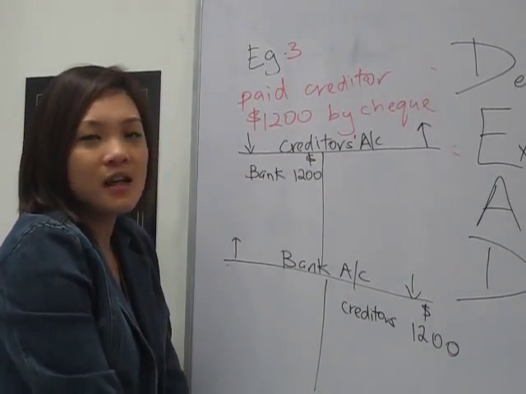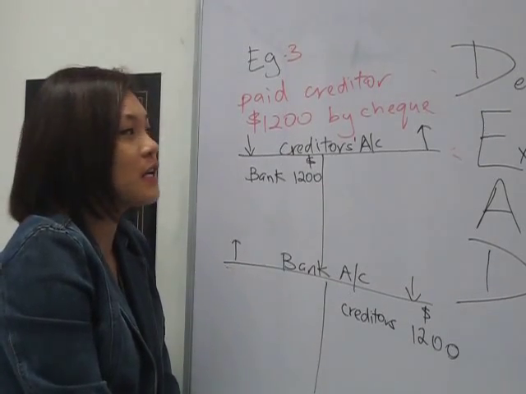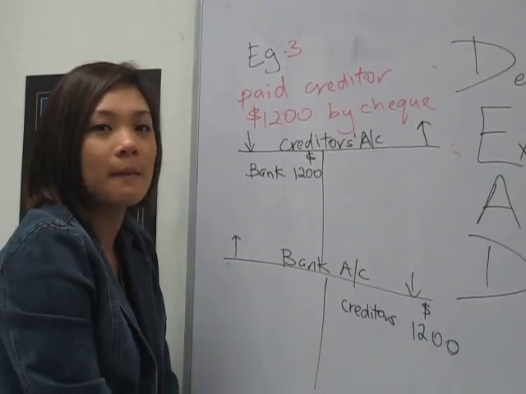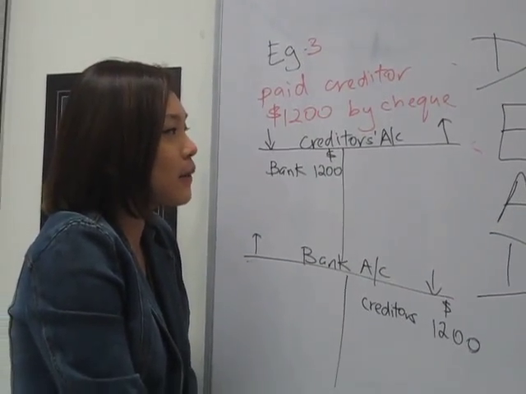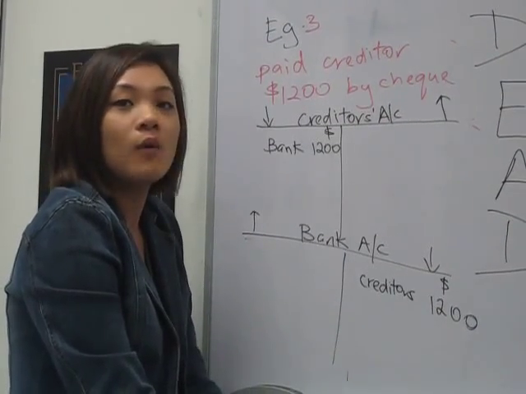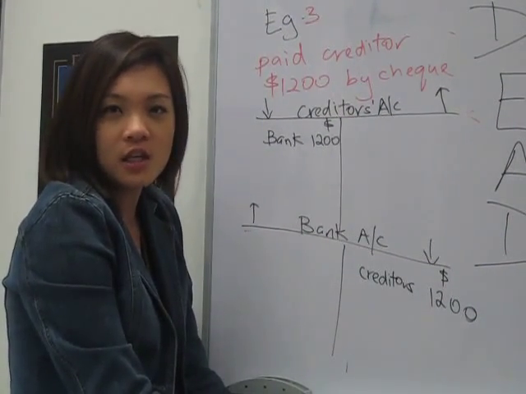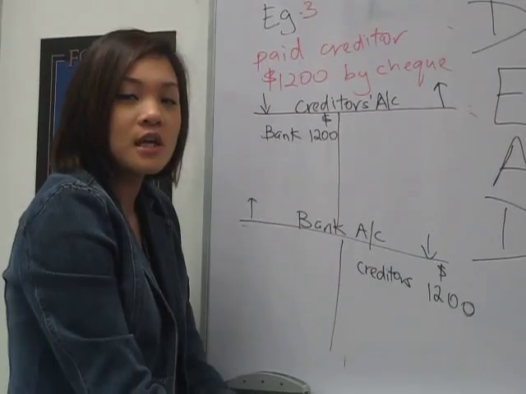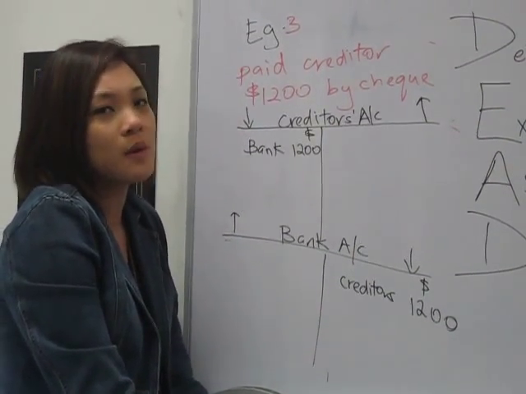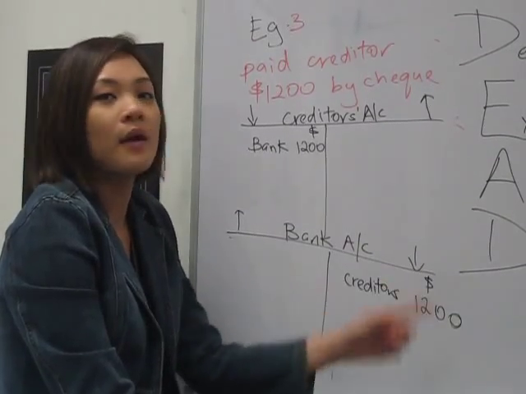This double entry is a very easy concept, but a lot of students fail to grasp it. You have to use it for future topics when you learn depreciation, balance day adjustments or provision for doubtful debts. There are so many topics linked to double entry.